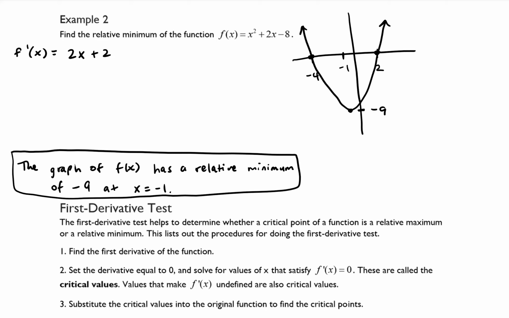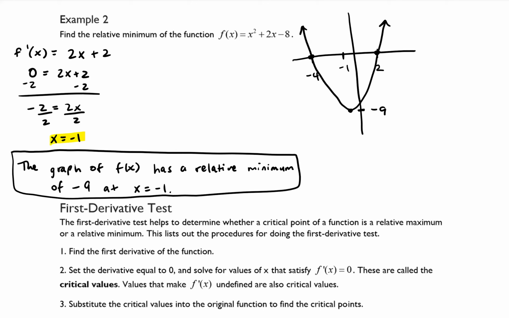And previously we said relative minimums happen when the derivative is equal to 0. So if we set this equal to 0 and solve it, if I subtract 2 on both sides, we get negative 2 is equal to 2x. And then if I divide both sides by 2, we get x is equal to negative 1.